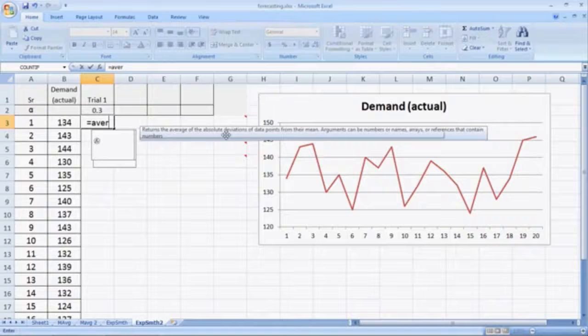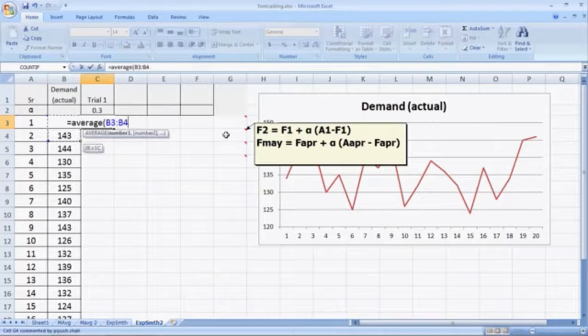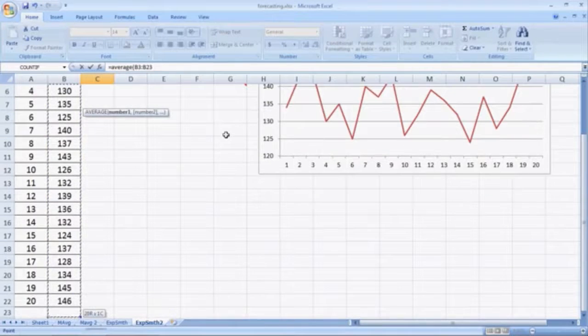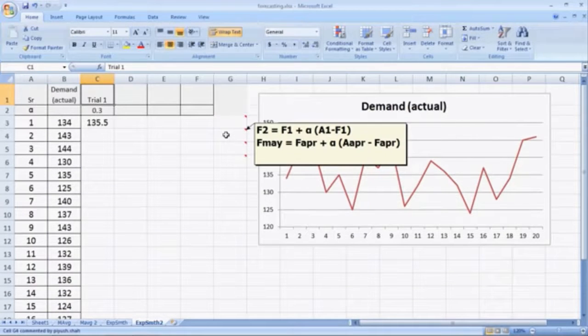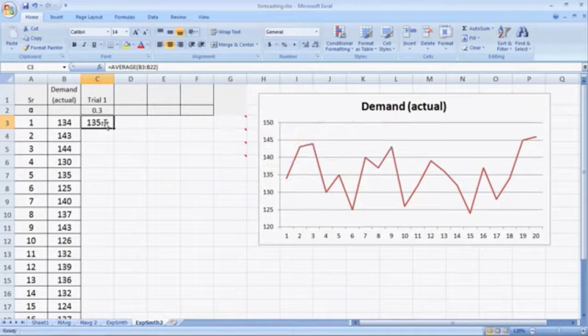I will use the average of all the demand numbers as the first period forecast to help me start. Is this how it has to be done? No. Some people take the first period demand, some people will take this as 134. It can also be taken as the average of some 4, 5, 6 values. If you use the same concept over a period of time, it does not matter how you start.